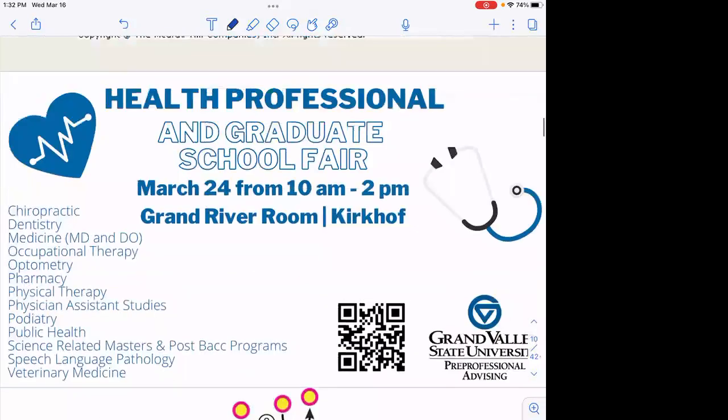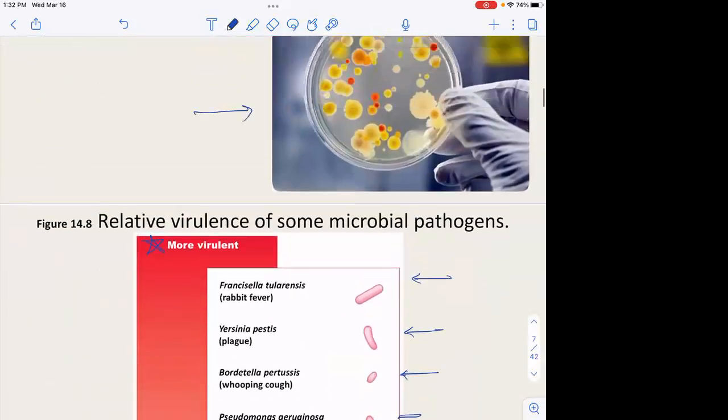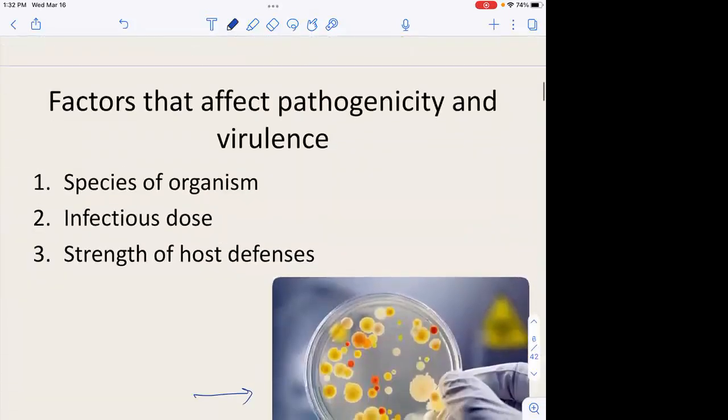We were thinking about 3 different factors that affect pathogenicity and virulence. Remember, pathogenicity is whether a microbe can cause disease, and virulence is a measure of the extent to which it's successful. A highly virulent organism can easily establish an infection, and that infection is more likely to be severe in a host.